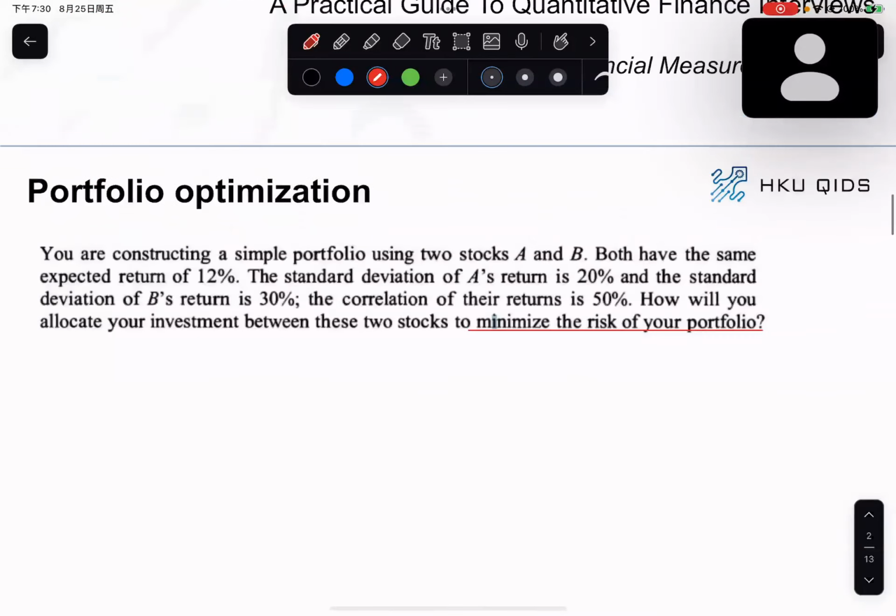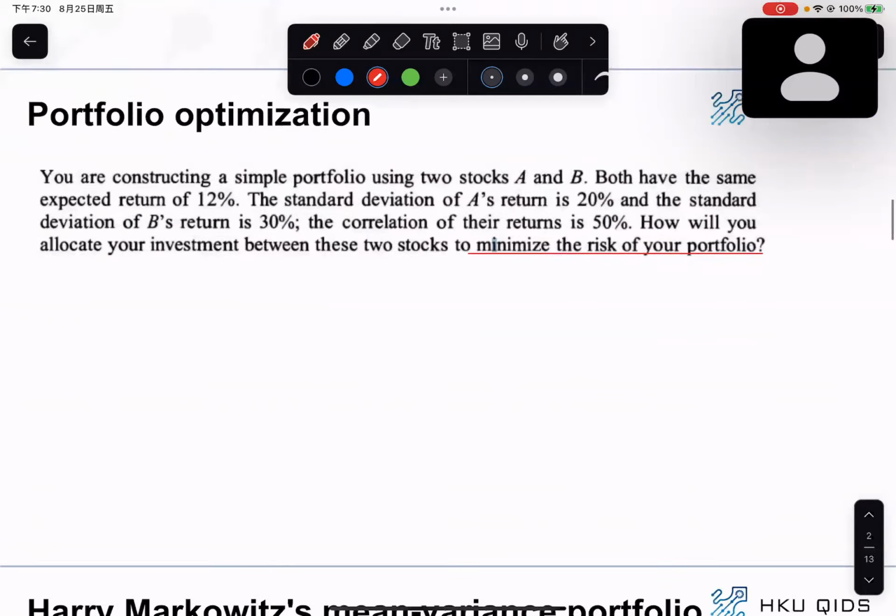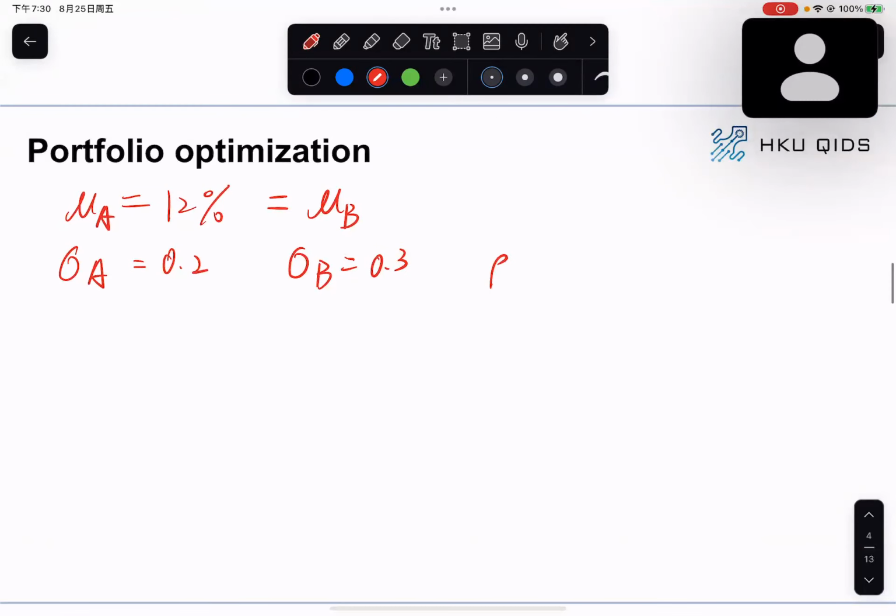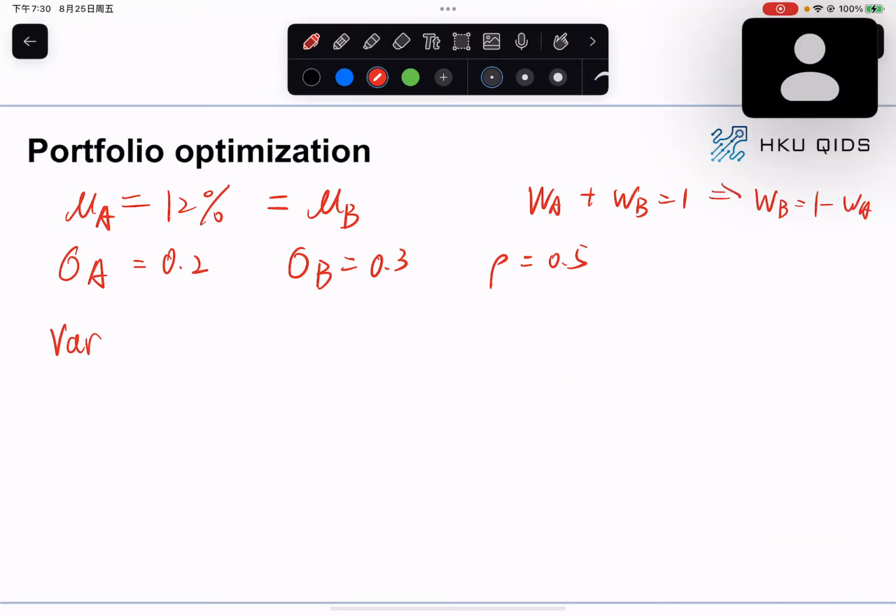Let me check if it is correct. Okay, it is correct. And the correlation is 0.5. So we have WA plus WB equal to 1, so WB is just 1 minus WA, right?